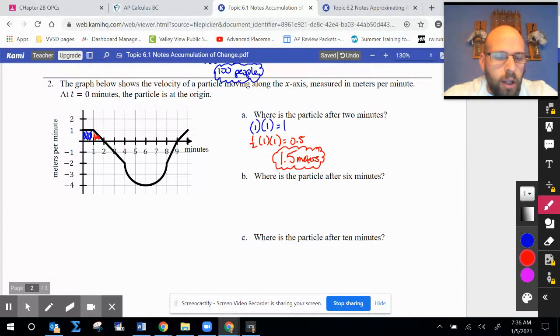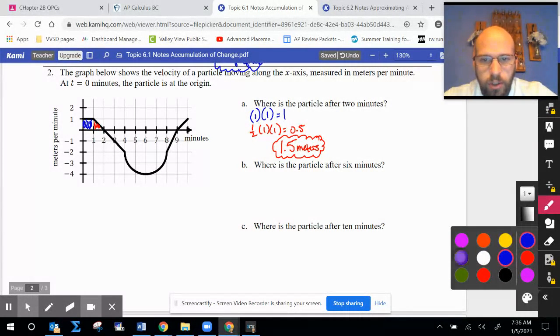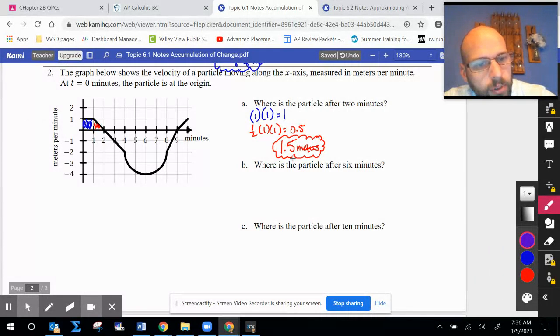Okay. And then let's do part B. Where's the particle after 6 minutes? Well, I'm going to take the answer to my previous question, right, the 1.5, and I want to subtract off all these other little areas.